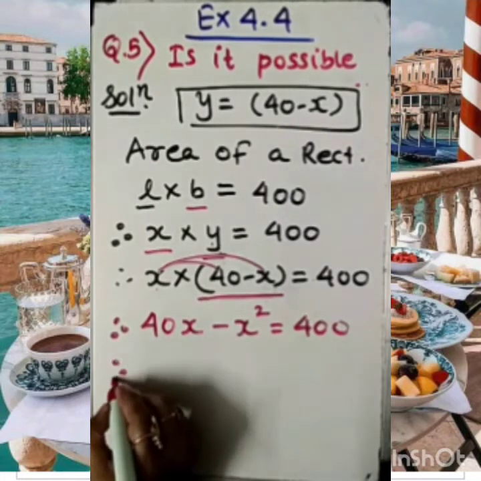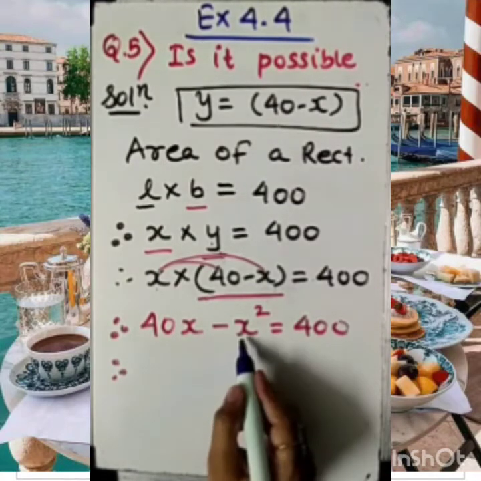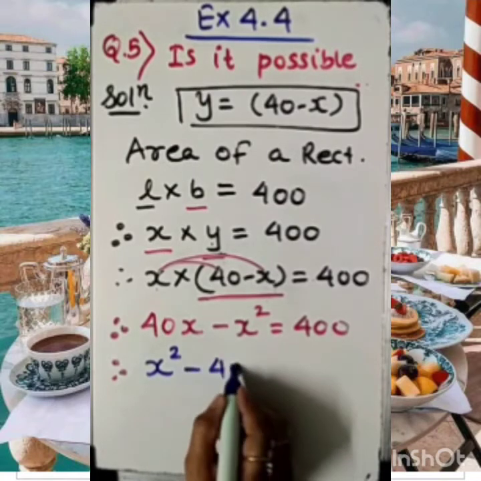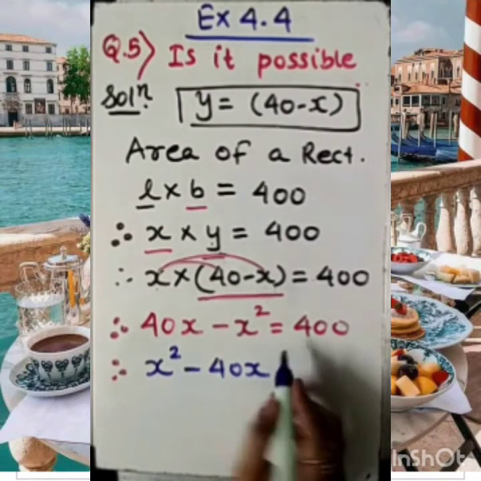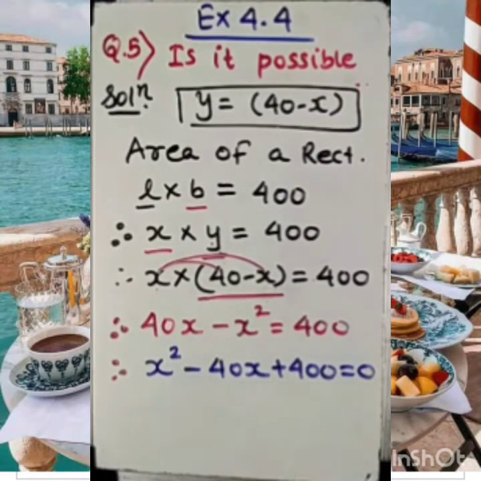Now I am going to bring both of these terms to the right side. If I take them to the right side, this minus will become plus, this plus will become minus 40x, and 400 is already positive, equal to 0. Now here we need to apply the quadratic equation. It depends on us how we are going to simplify.